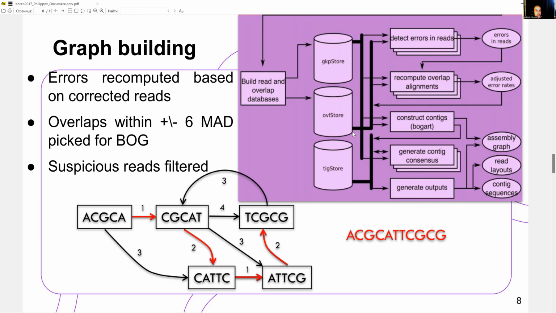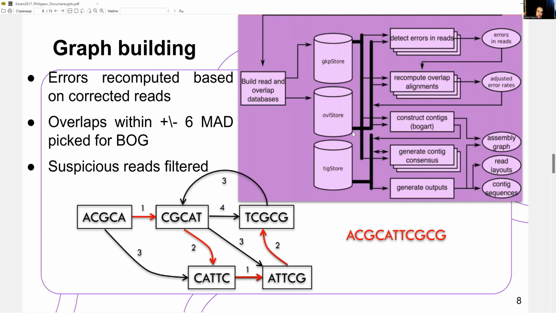These are the reads which are not fully covered by these good overlaps. Such reads are probably chimeric or some repeats, and they will be marked as suspicious, and the procedure for them will be discussed somewhat later.